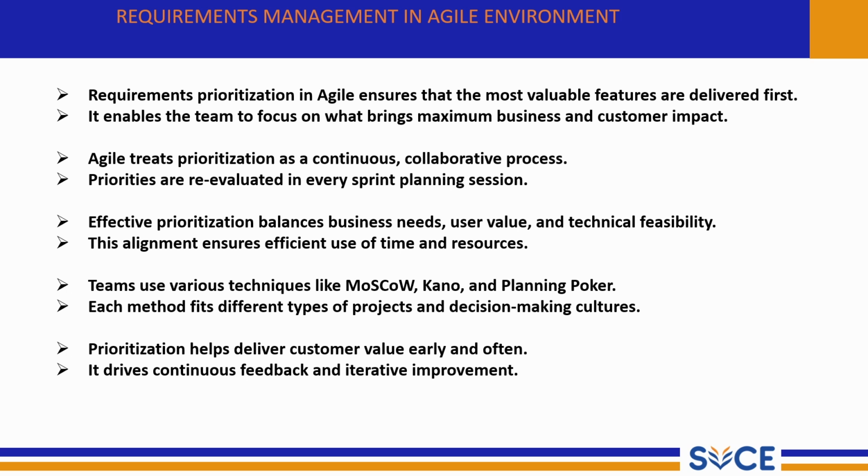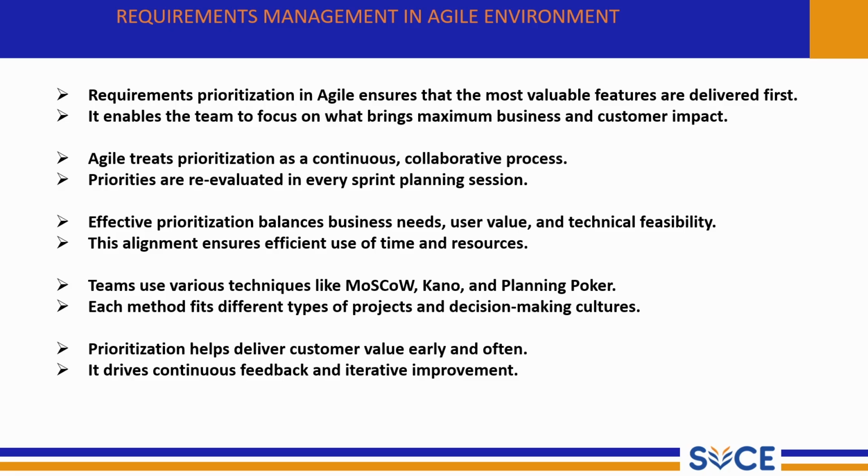Some features may be valuable but difficult to implement immediately, so the team plans wisely by balancing all these factors. This alignment ensures efficient use of time and resources. When priorities are clear and agreed upon, the team does not waste time on unnecessary work. Resources like time, budget, and manpower are used more efficiently.